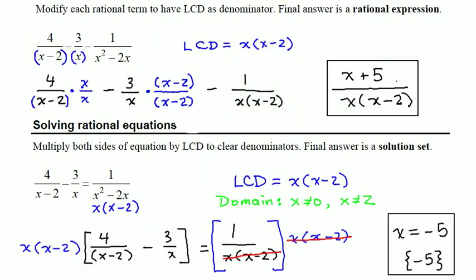Just to compare these two processes and answers side by side now, let's look at an abbreviated form of what we did. For the expression, we had to modify each rational term to have that LCD as its denominator. So we can see that we still have a denominator in our final answer.